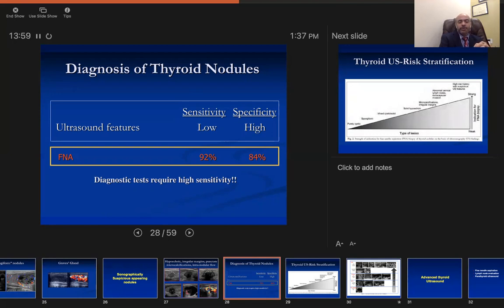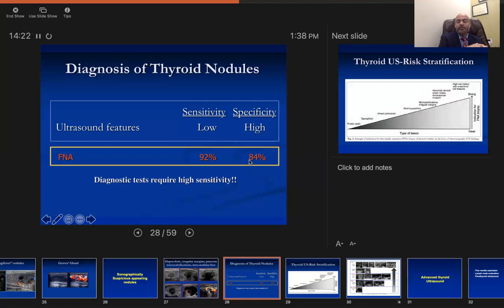Remember, for diagnostic tests, you need to pick a test which has great sensitivity. In the case of ultrasound, the sensitivity to diagnose cancer is low, specificity is high. For FNA, sensitivity is very high, 92% versus 80 to 84%.